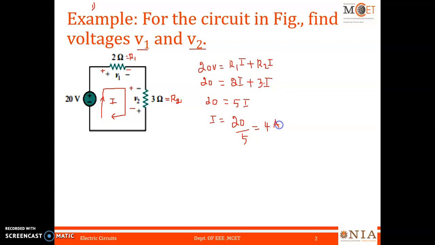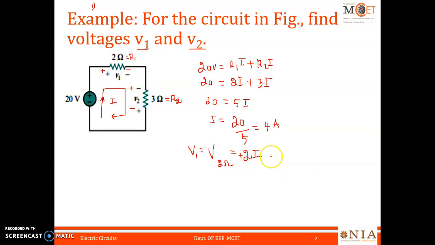Now we have to find the voltage drop across the 2 ohm resistor, that is V1, which is equal to 2 into I. Here it is represented by plus 2 into I, because the conduction path direction and the given voltage polarity direction are the same.